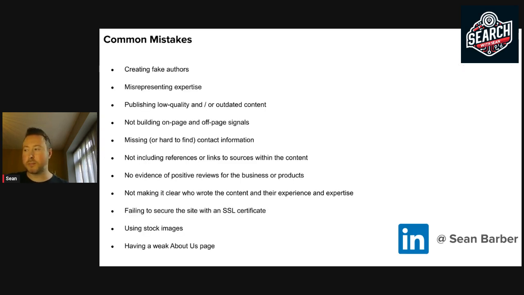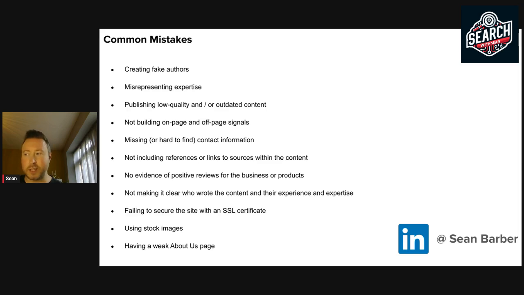So last but not least is some common mistakes that have been seen when it comes to EEAT. And these kind of things may work for a while, but after a while they're going to be sussed out probably by search engines. So here's some examples.